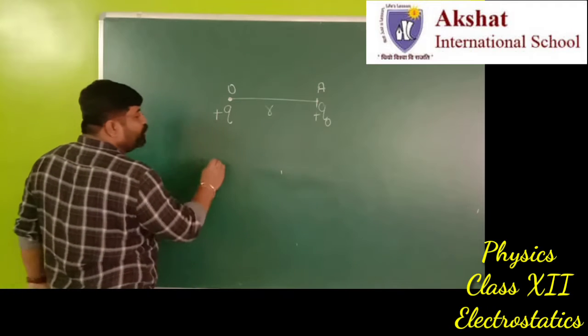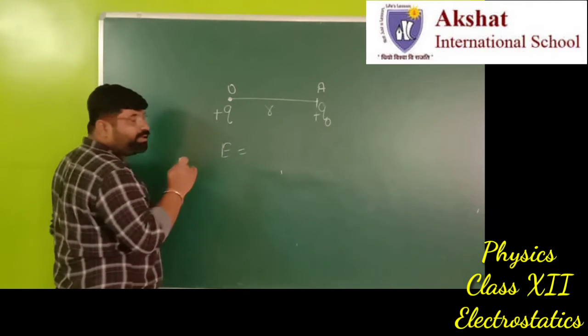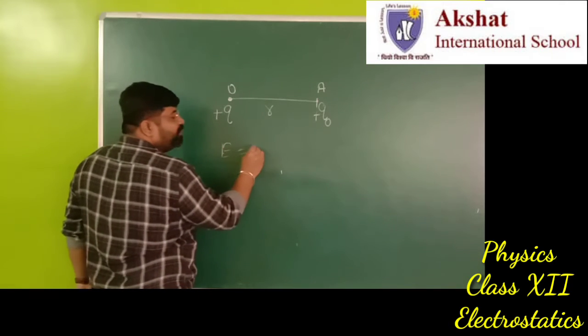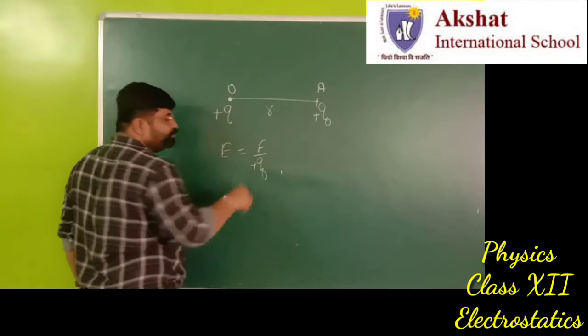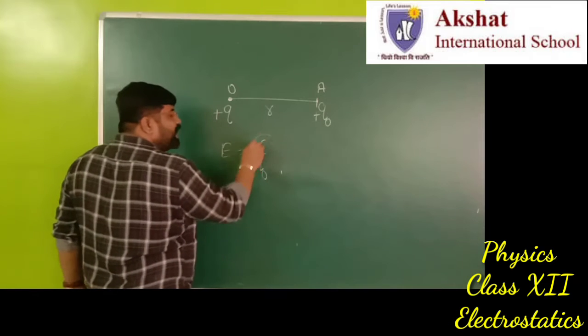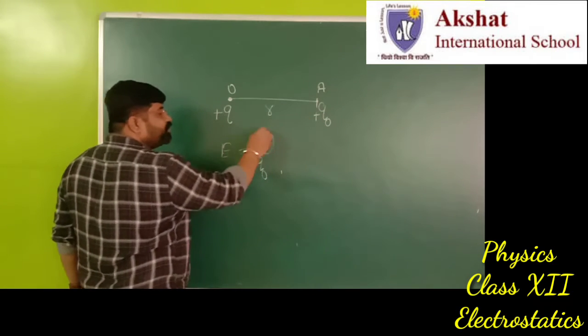As we know, the electric field is force per unit test charge. Now we are calculating the magnitude, so I am not using the bar over there. This force experienced by the charge is the electrostatic force.